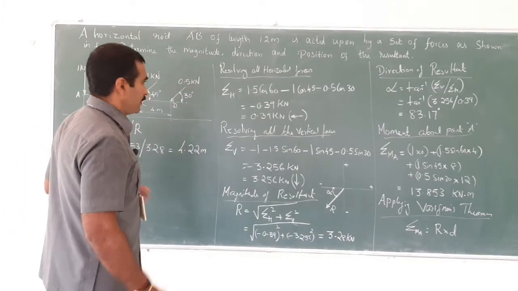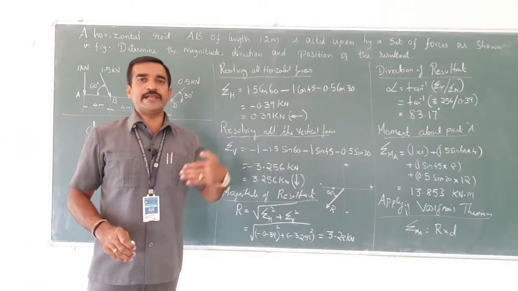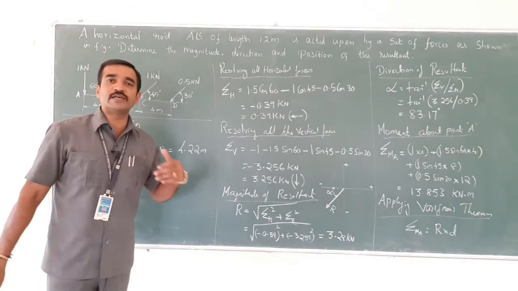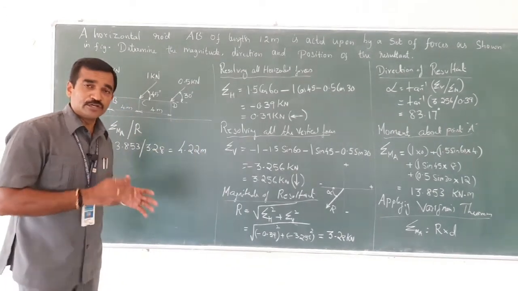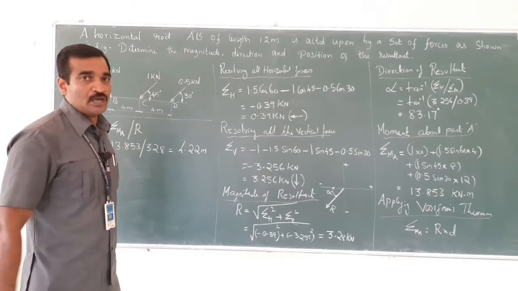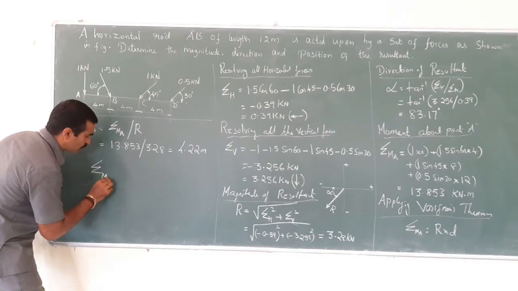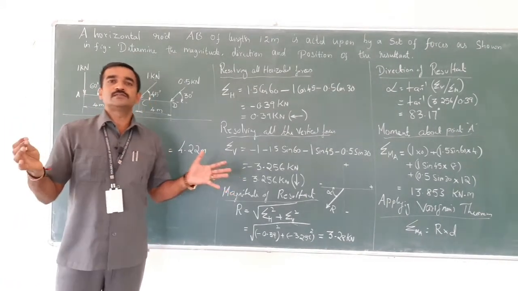Got it? Right. Next, we have to find the horizontal distance where the resultant force is acting. This is the perpendicular distance of the resultant force. Now we need to find the horizontal distance, for which there is a formula. Summation of moment is equal to, what is the definition of moment?